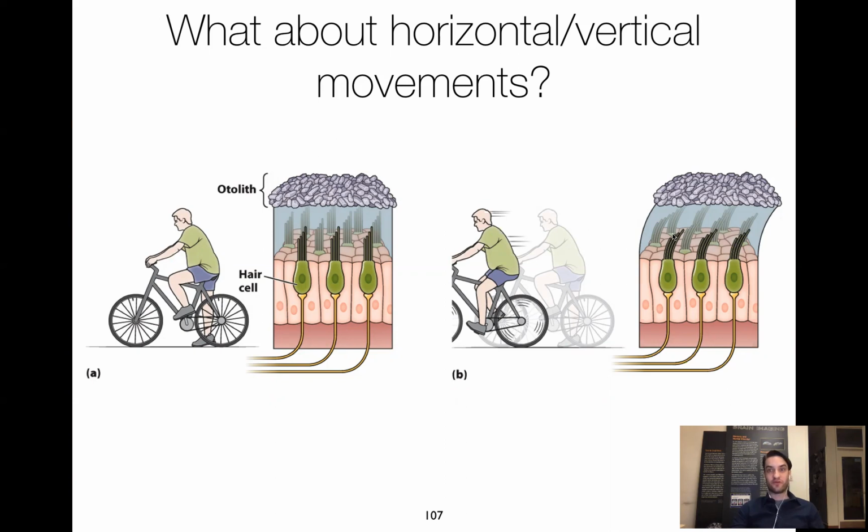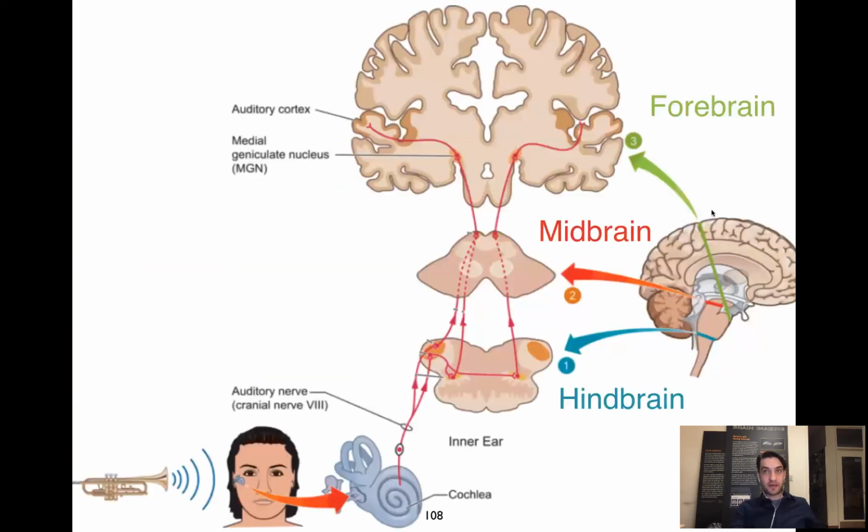Then if you slam on the brakes, the momentum of these little otoliths will go forward, which will cause the hair cells to bend the other way. So it's again the same principle in terms of fluid dynamics and hair cells. It's just that in this case, it's not because of gravity moving the fluid around. It's because of the pressure from these little crystals and gravity moving them around.